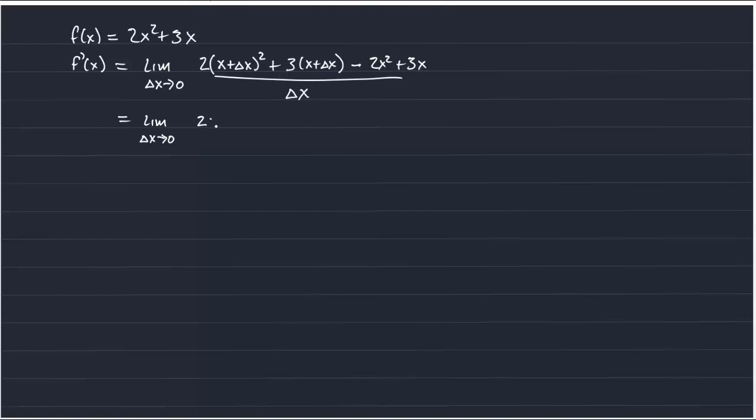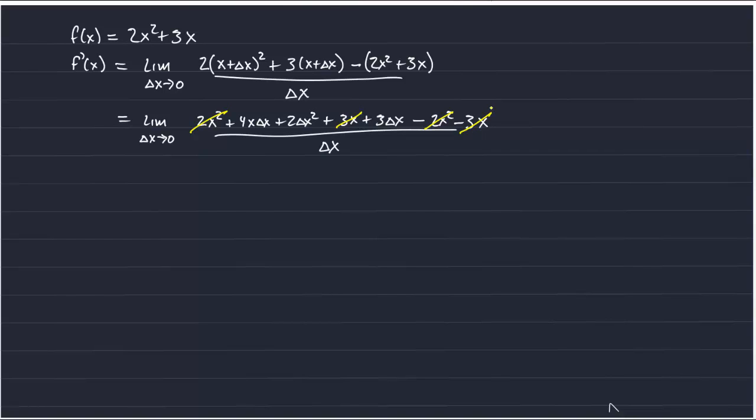2x squared plus 4x delta x plus 2 delta x squared plus 3x plus 3 delta x minus 2x squared minus 3x, all over delta x. And you'll notice we can cancel out the terms that are not products of delta x. This gives us the limit as delta x goes to 0.